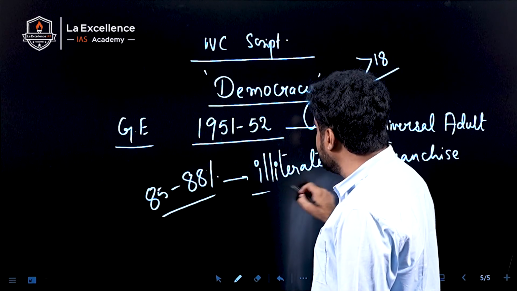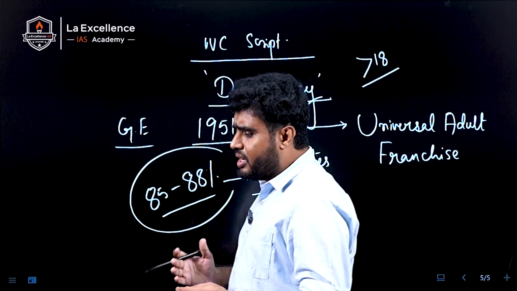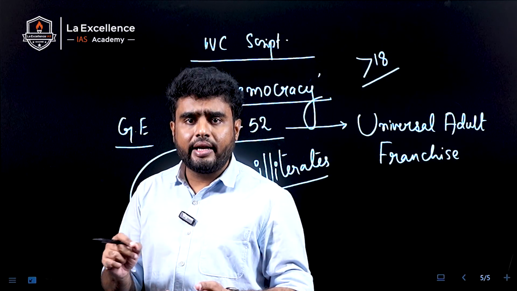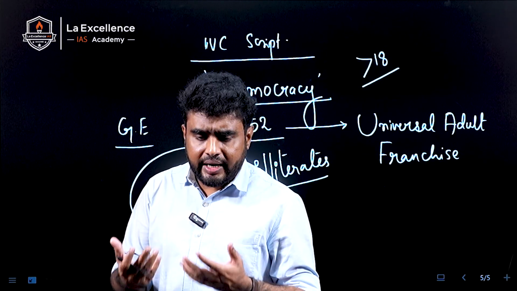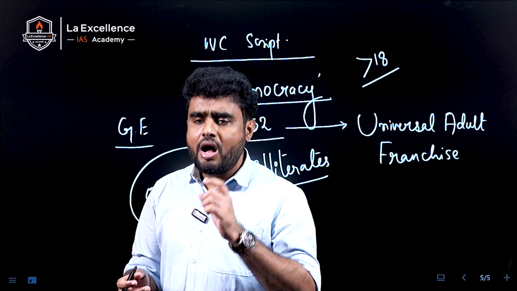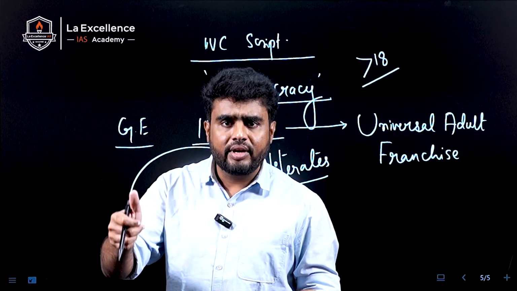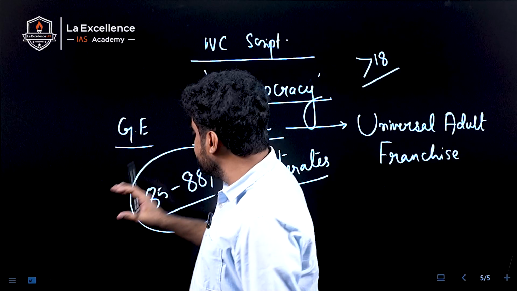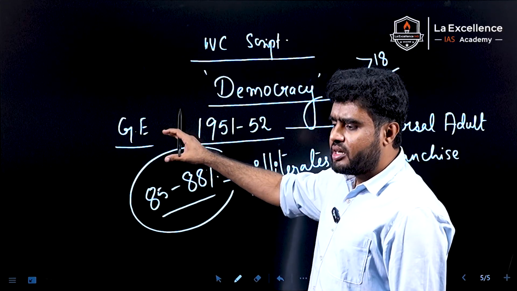Out of every 100 Indians, 85 to 88 did not know how to read and write. So when people are not able to read or write, how would they identify the name of a political party while giving their vote? This became a major challenge to the Election Commission of India in the first general elections.